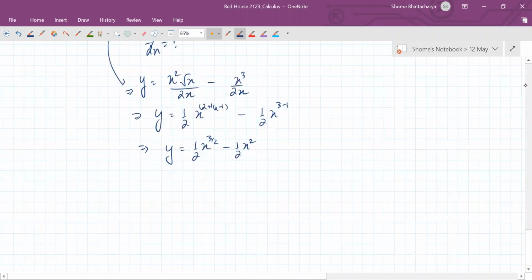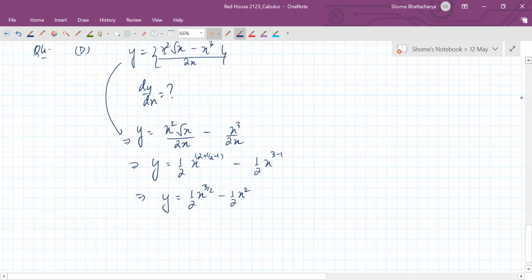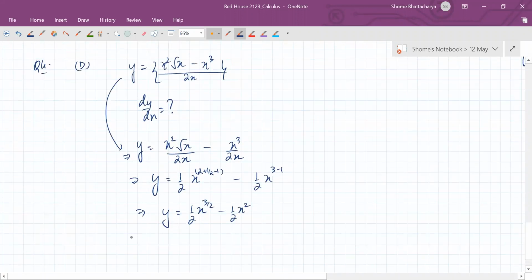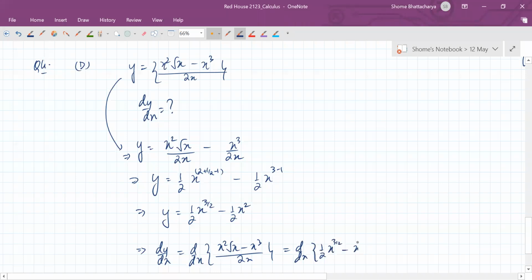So next you can see that you can simply apply the differentiation operator. So in simplified form, this is this.